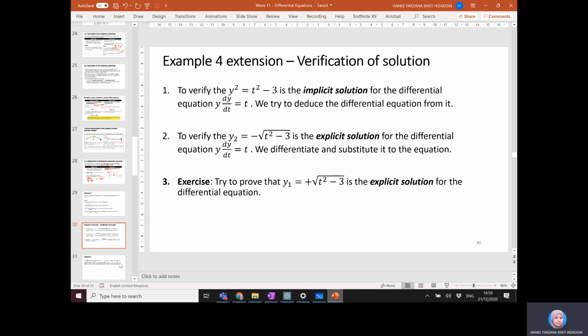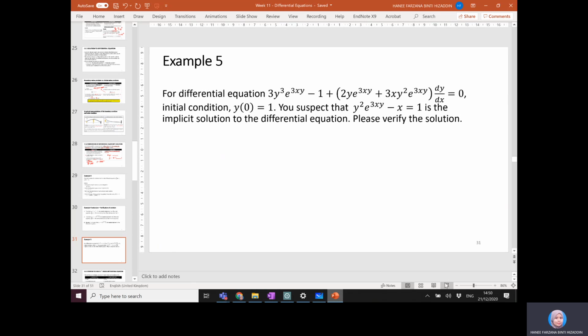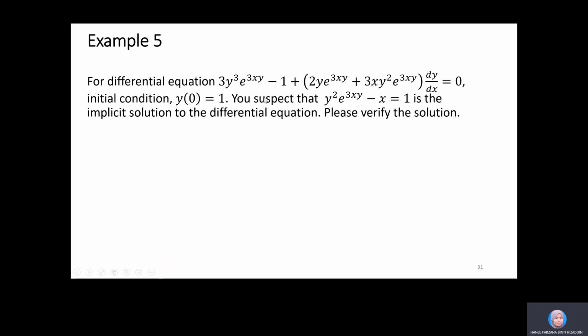Okay. All right, so before we proceed to the next part of the video, let's do this example 5. This is also available in your notes. For the differential equation, you can read it on your own. Given the initial condition, you suspect that y squared times e^(3xy) minus x equals 1 is the implicit solution to the differential equation.